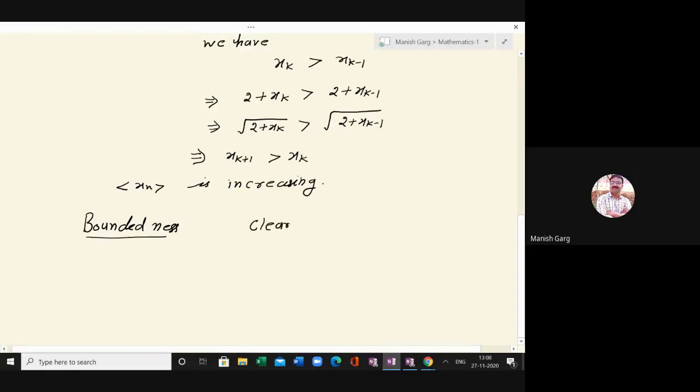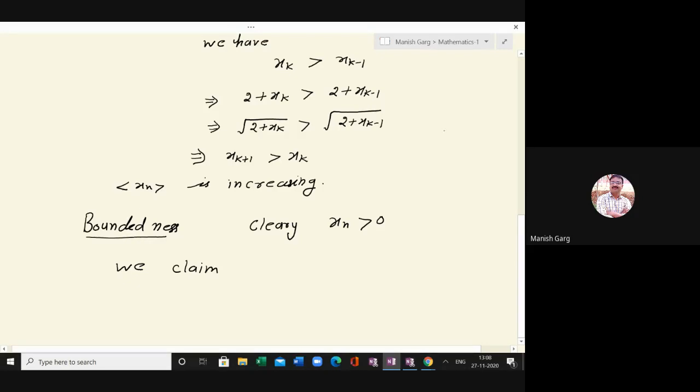Clearly xn is greater than 0 because all terms are positive. Now the question arises: what may be the upper bound?